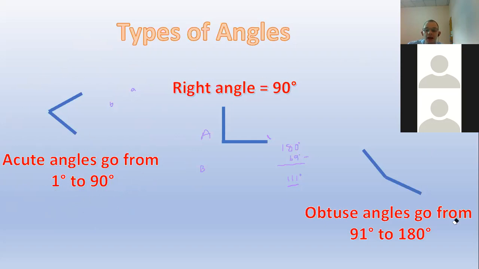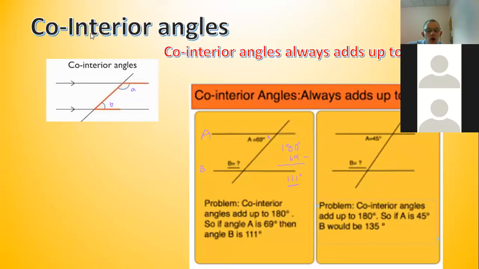Obtuse, the big angles, go from 91 to 180 degrees, which forms the straight line. Those are our obtuse angles, the big ones. Now I want to know, angle A here is 69 degrees. Is it obtuse or acute?